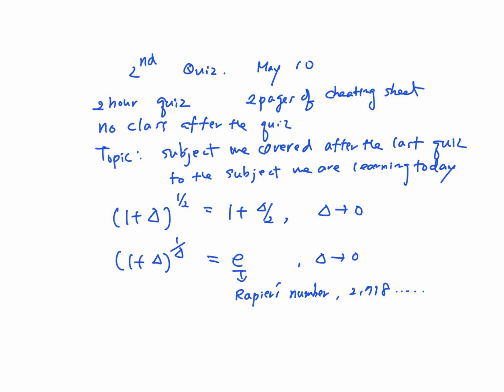So we are going to cover several more derivatives that you probably have memorized. So when f(x) is exponential x, you know the answer when you take the derivative of exponential x, the same as exponential x, right?